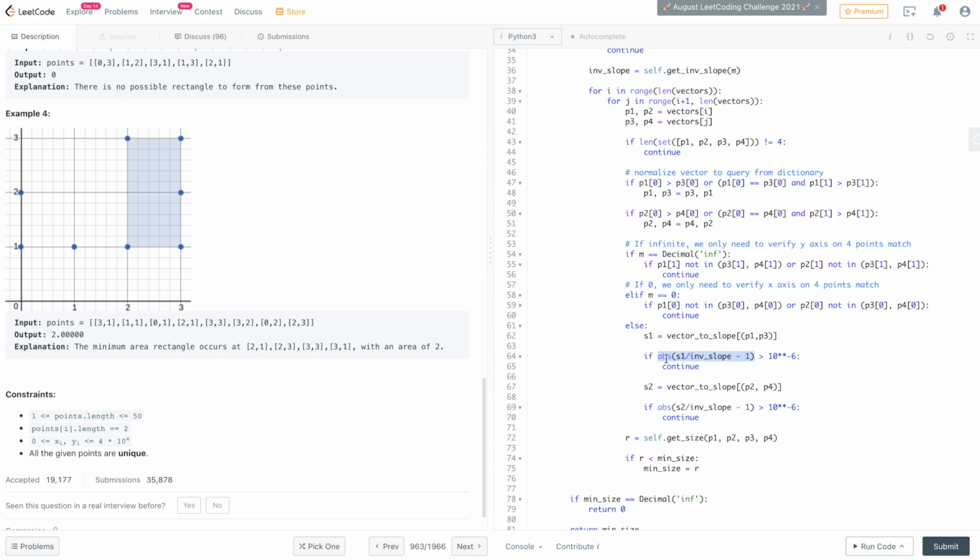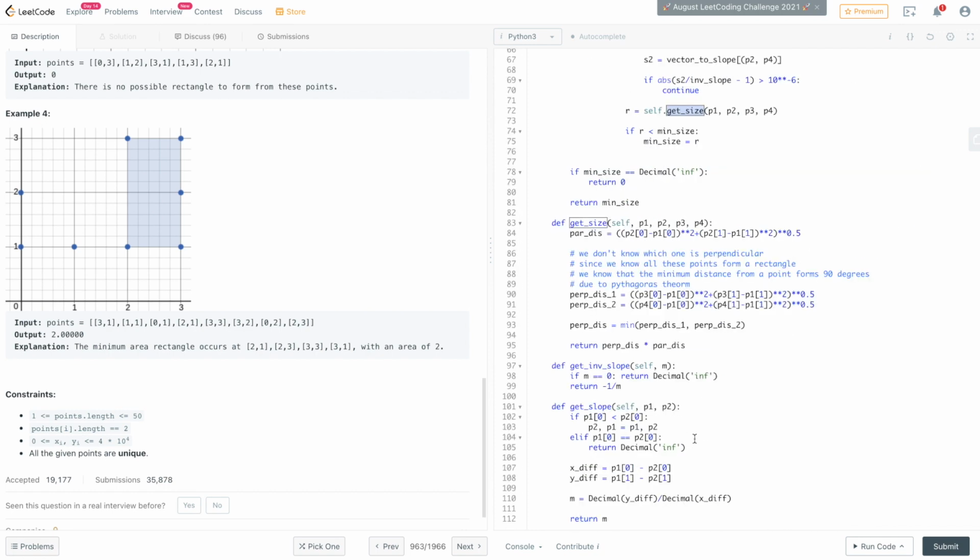And if they all happen to be true, it gets through to this function, where we get the size of the rectangle itself. And then once we get the size of the rectangle, we just check if it's less than the minimum size and reset it. Let's take a look at how we get the size of the rectangle with 4 points. We don't actually need the 4 points. We just need 3 points, right?